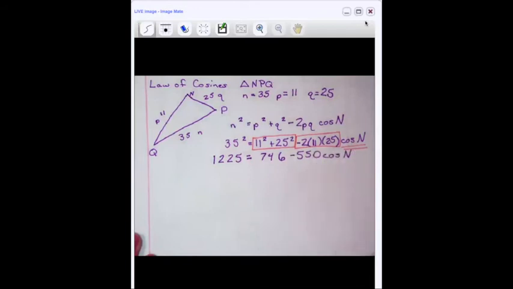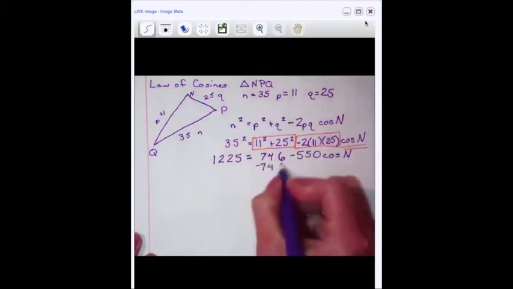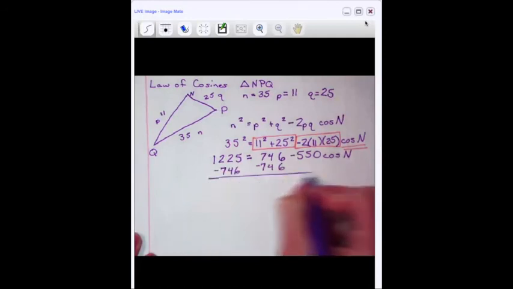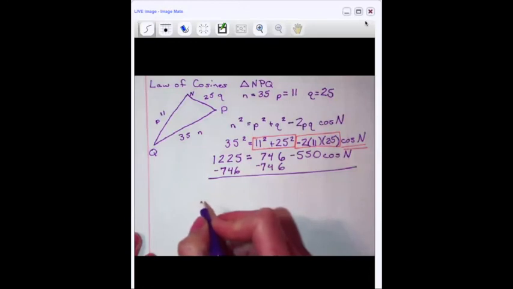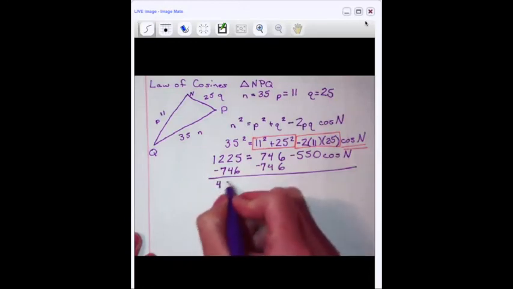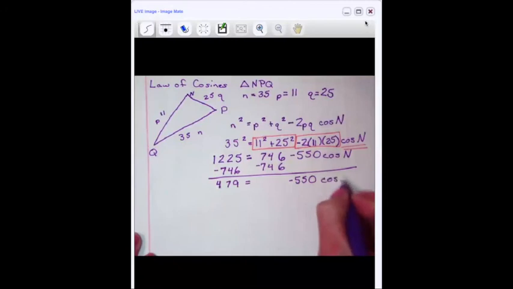So you have to be really careful about the order. Now we're going to subtract the 746 from both sides. It's going to give us 479 equals negative 550 times the cosine of n.